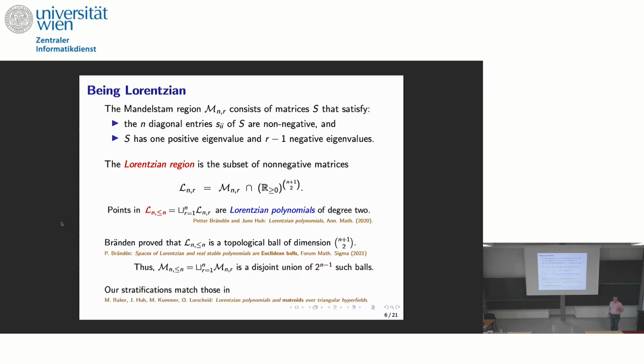If I'm restricting to non-negative matrices, I'm restricting to my L region, and the stratification I'm about to describe matches those in this paper. So the short version of this slide is that the excitement about Lorentzian polynomials in combinatorics matches these spaces that are quite natural from a kinematic point of view.